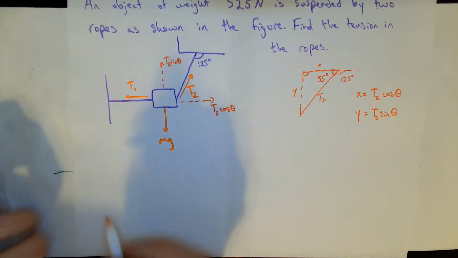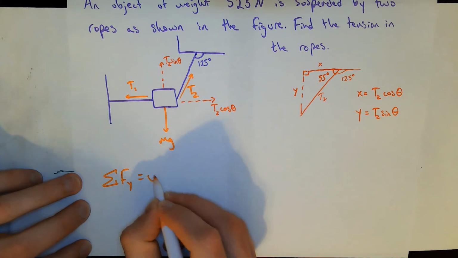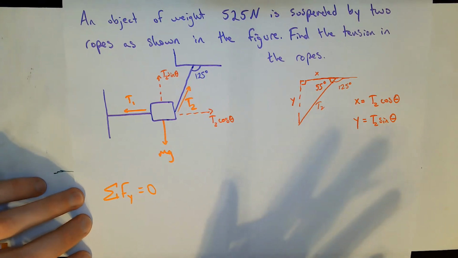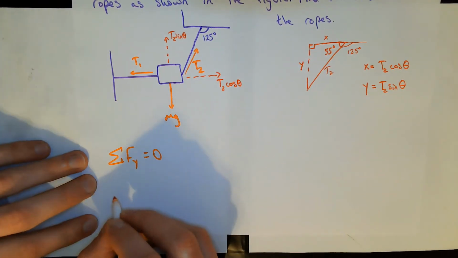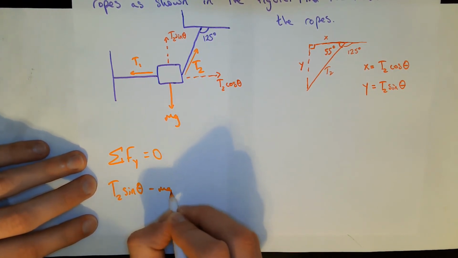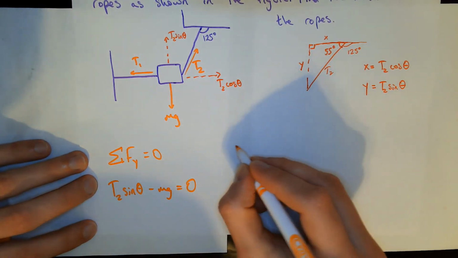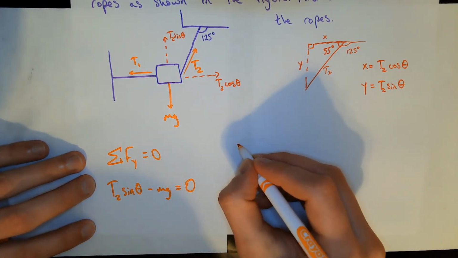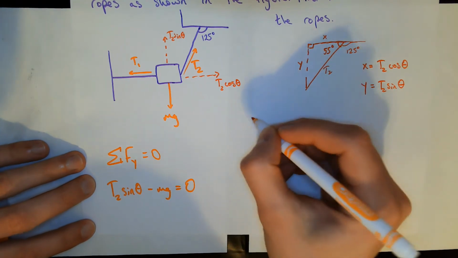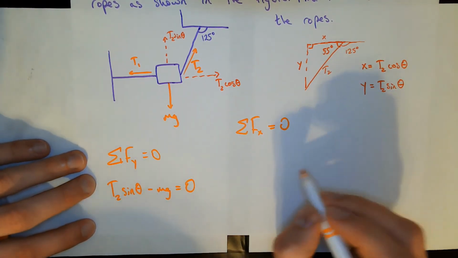Okay, the sum of the forces in the y direction is 0. The object is at rest, it's suspended. So that means my positive T2 sine theta force minus that mg should be 0. And also the sum of my forces in the x direction is 0 because the object is suspended.